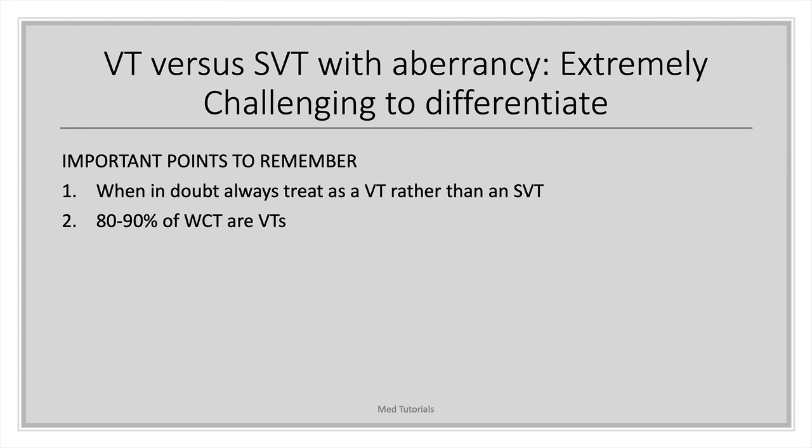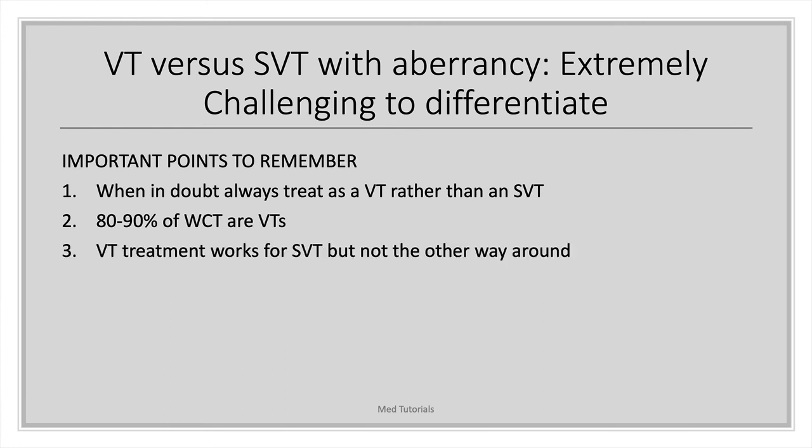Why? Because 80 to 90% of wide complex tachycardias are ventricular tachycardias. So always remember, up to 80 to 90% of wide complex tachycardias are ventricular tachycardias rather than SVT with aberrancy. So SVT with aberrancy is an exception rather than the rule. VT treatment works for SVT but not the other way around.